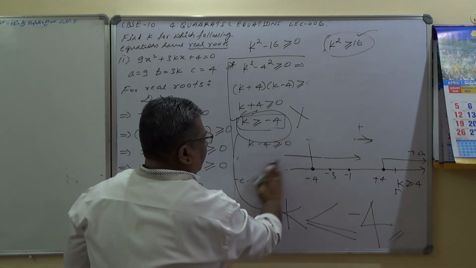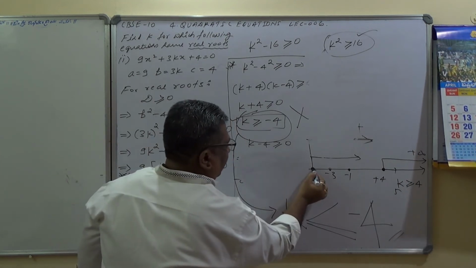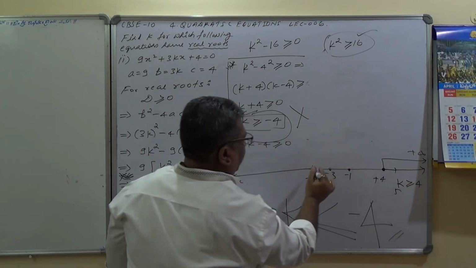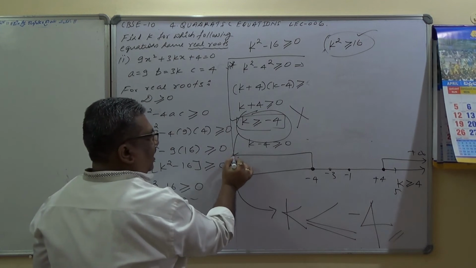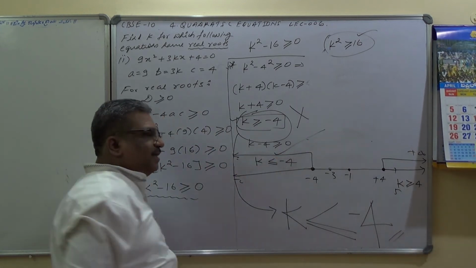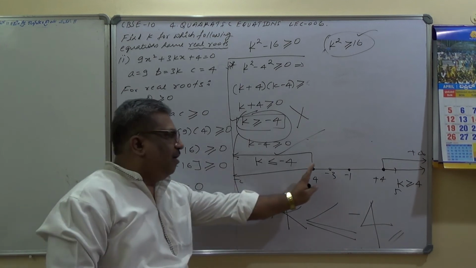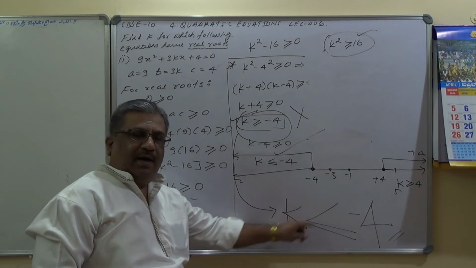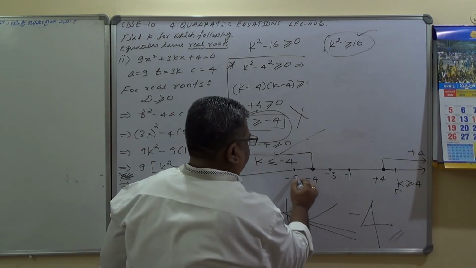So I write here on this number line, from here to this side, k is less than minus 4, which is accepted, because all the numbers towards the left side are smaller than this number. So take minus 5.